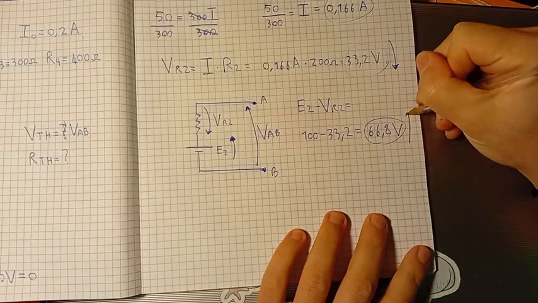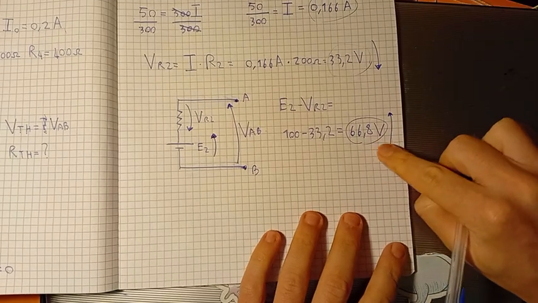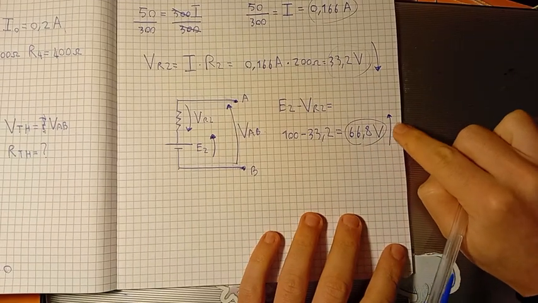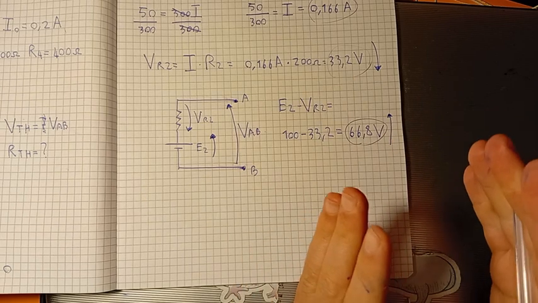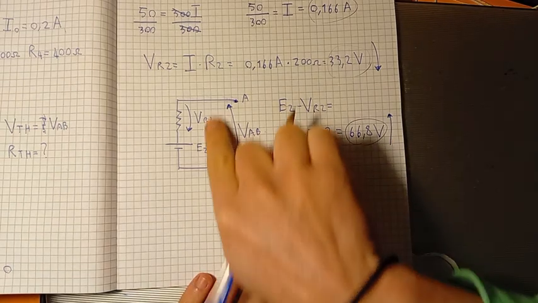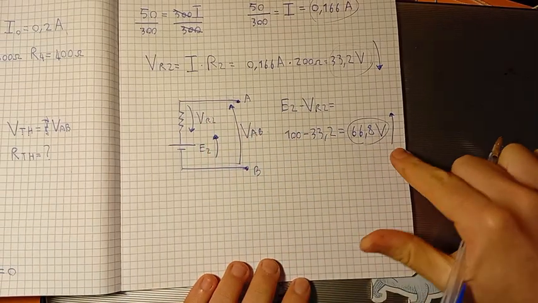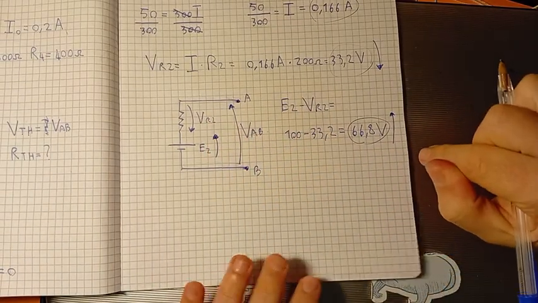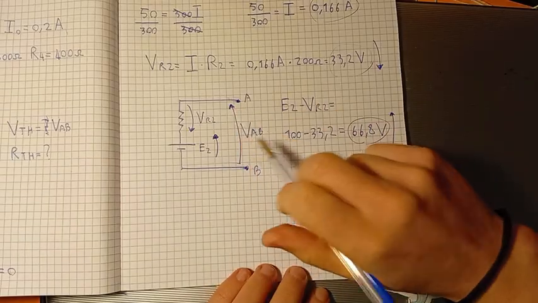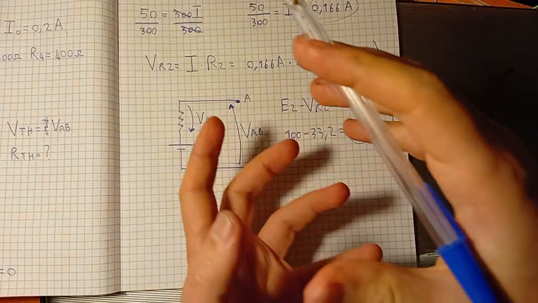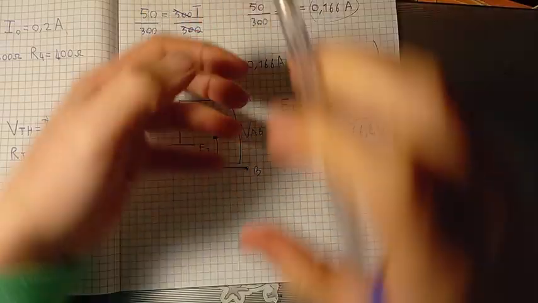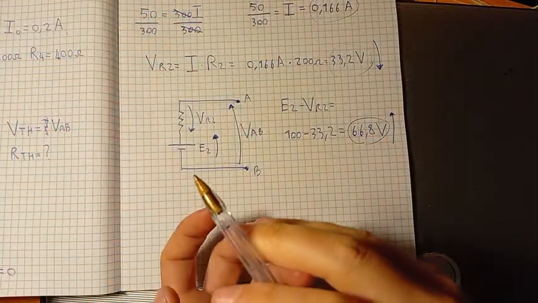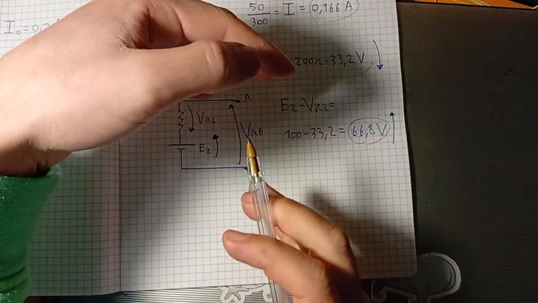So a voltage with this value, and let's keep an eye on the direction. It is important to remember the direction. The direction of the voltage is this. Why is it important to remember the direction? Because the direction of this VAB is the direction of the Thevenin voltage source. If the direction had been the opposite one, the Thevenin voltage source would have been upside down.